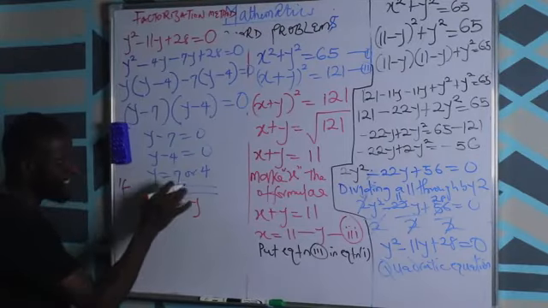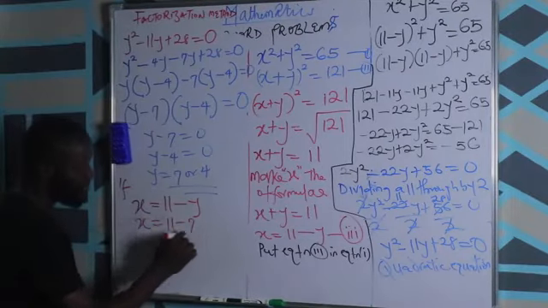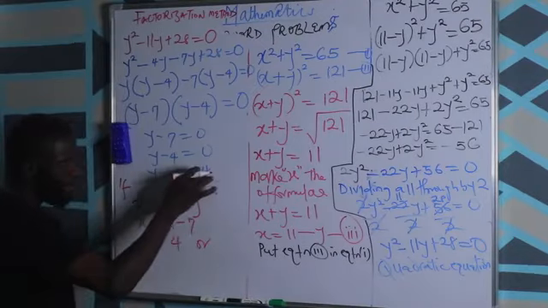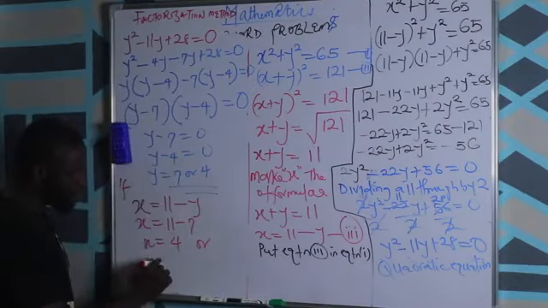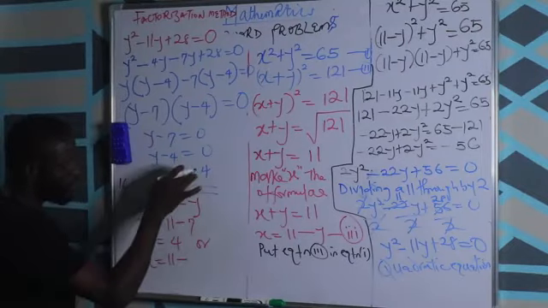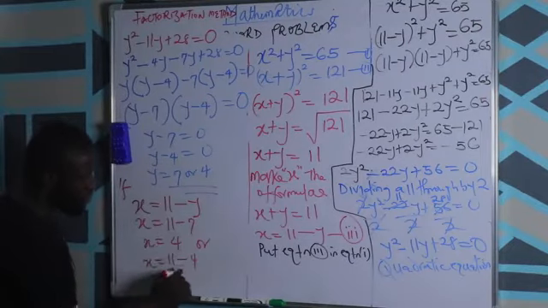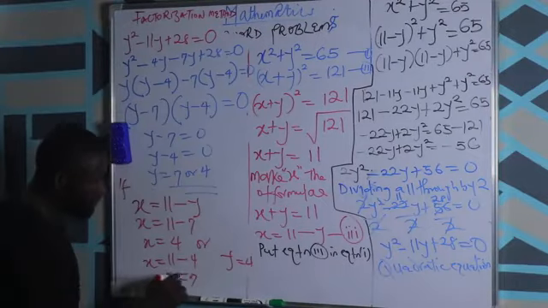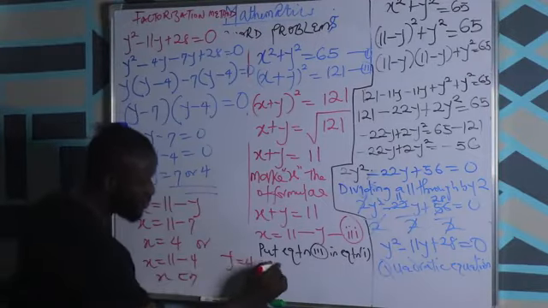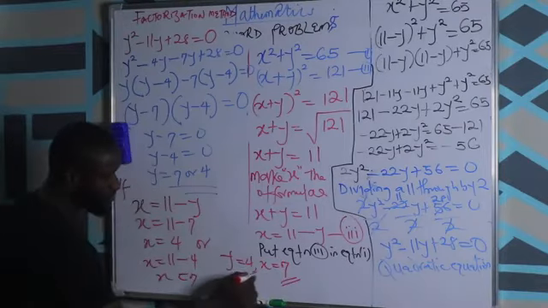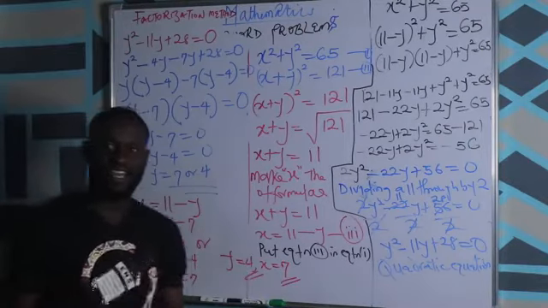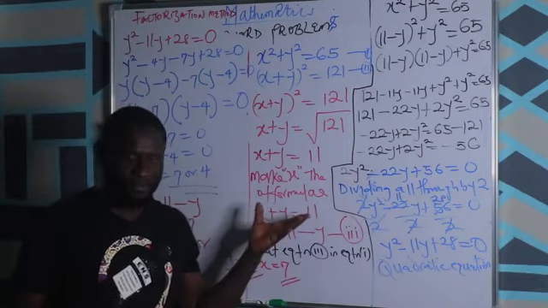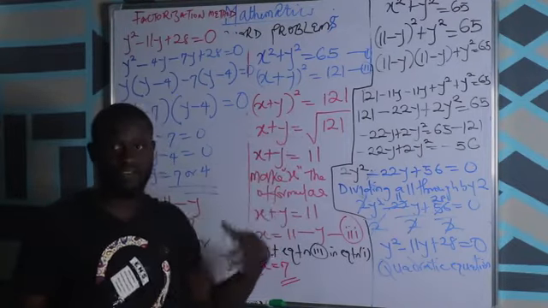My y is 7. 11 minus 7 is equal to 4. Or my y is also 4. x equal to 11 minus, what is y? My y is 4. x is equal to 7. So y equal to 4, x equal to 7. That is the end of this chapter for this particular question that was given to me to solve.